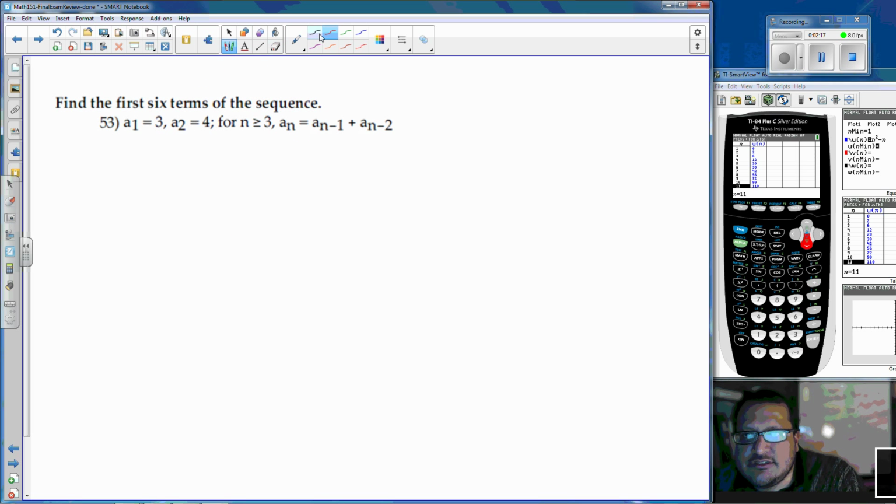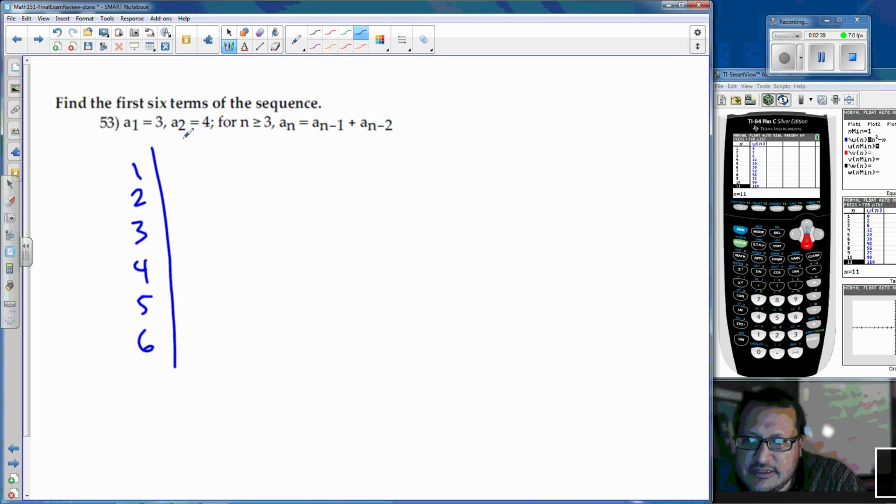Find the first 6 terms here. Now we can use our calculator. You actually can use your calculator for recursive, but well, let's do it by hand first. So the first 1, 2, 3, 4, 5, 6. And we already got the first 2. That's 3 and 4. That comes from right here.